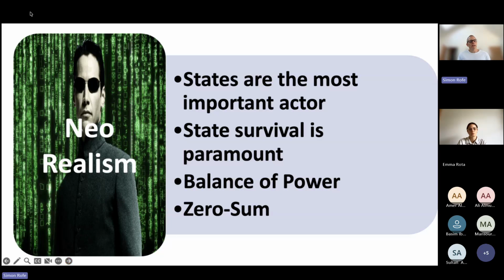I want to add a further layer to this, in what IR scholars would call neo-realism. Here they are absolutely fixated on the state as being the most important actor. State survival is paramount. It will do anything to survive, like the Matrix. These survival instincts can be balanced off.